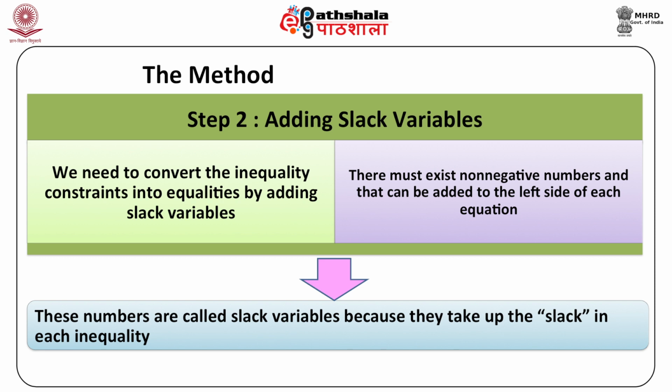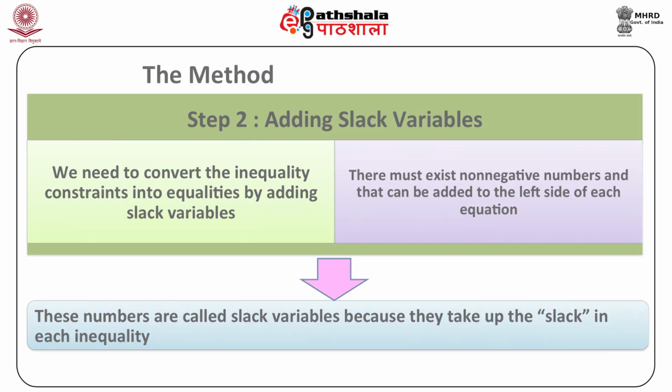These numbers are called slack variables because they take up the slack in each inequality. These slack variables are introduced since it is easier to deal with equalities than inequalities in mathematical treatment.